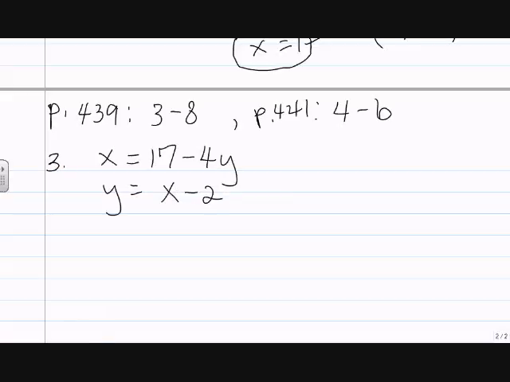The top equation has the x all by itself on the left side of the equal sign, so I think that I will replace my x in the second equation with that 17 minus 4y. So I'm going to rewrite the second equation as y equals, I won't write x, I'll write 17 minus 4y, and then I have to write that minus 2.